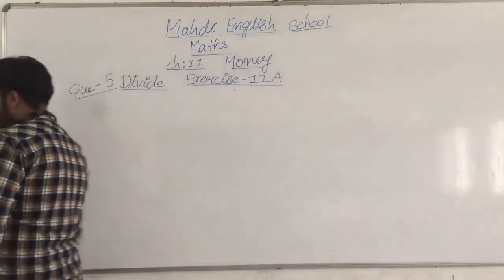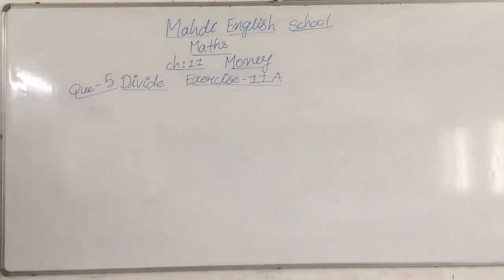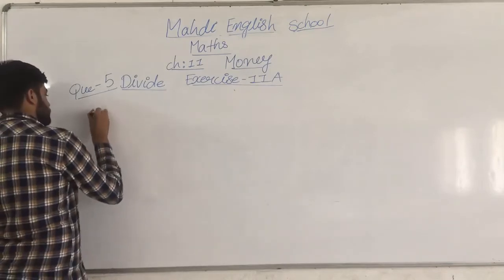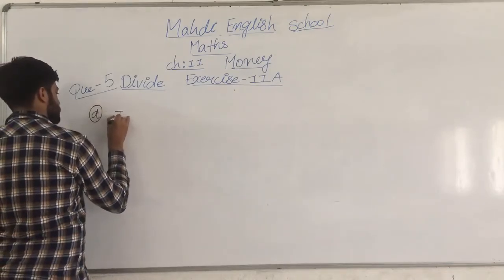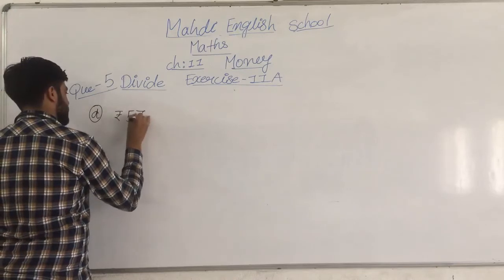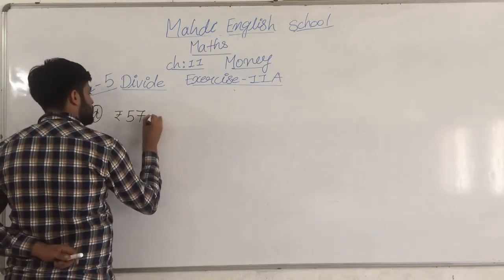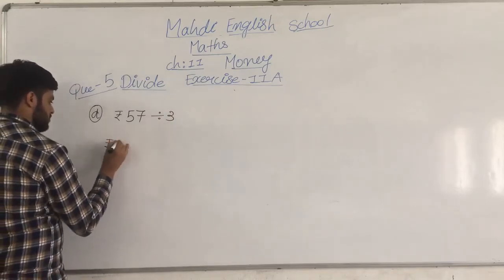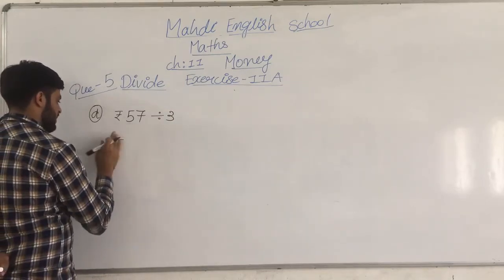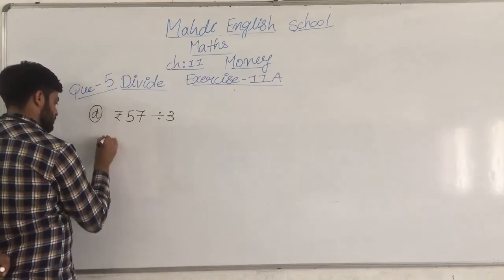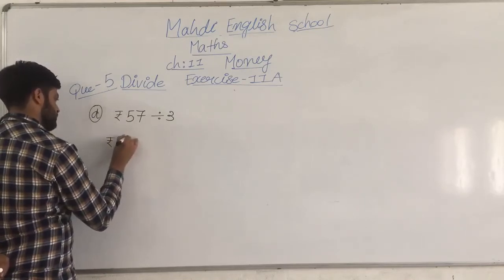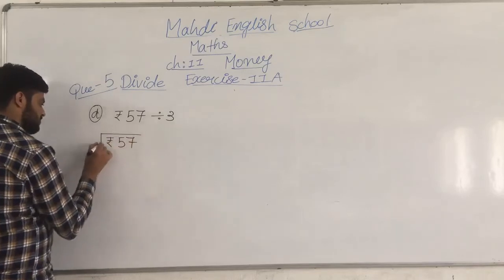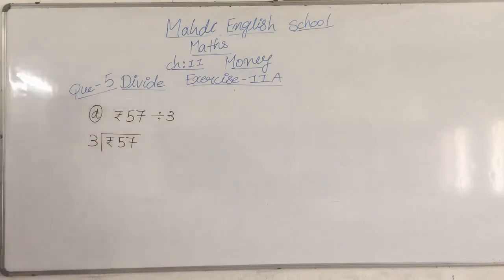So now I am going to start here question number D. 57 divided by 3. How many, dear students? 57 divided by 3.